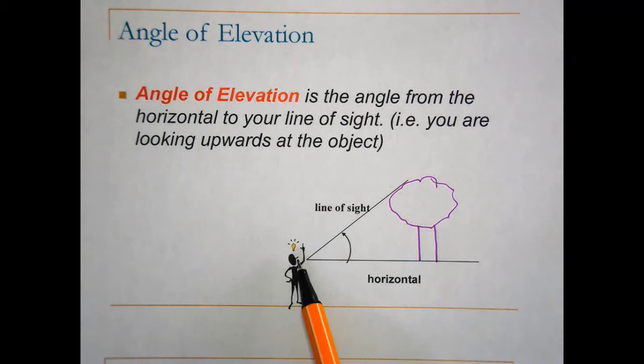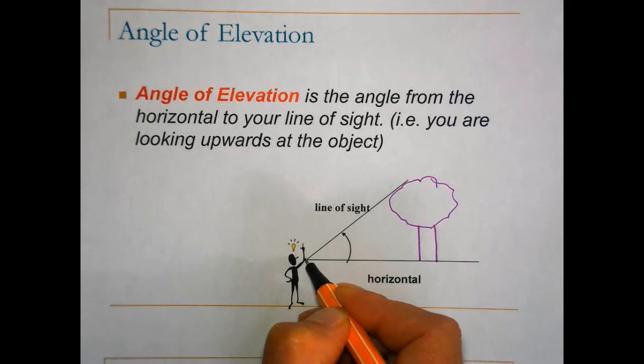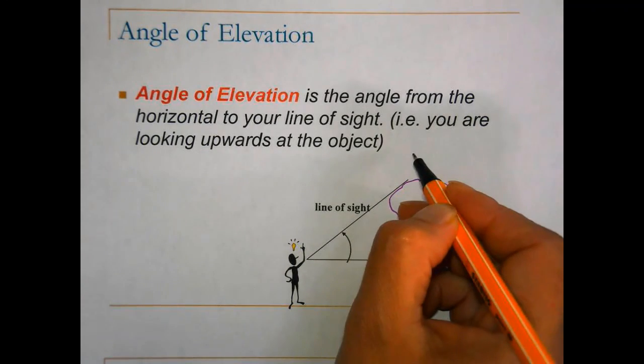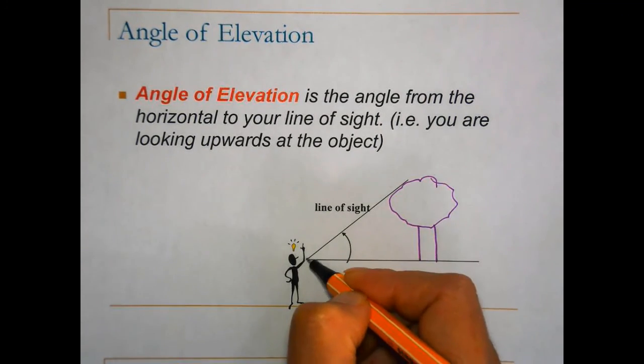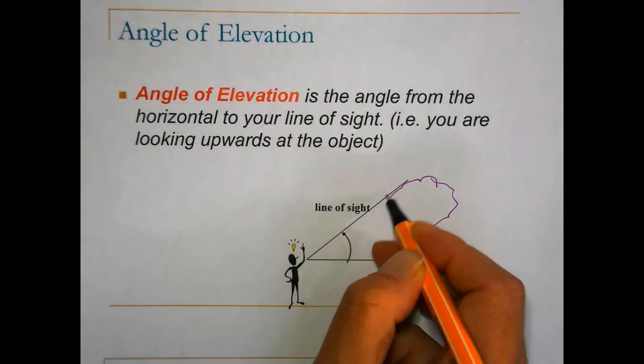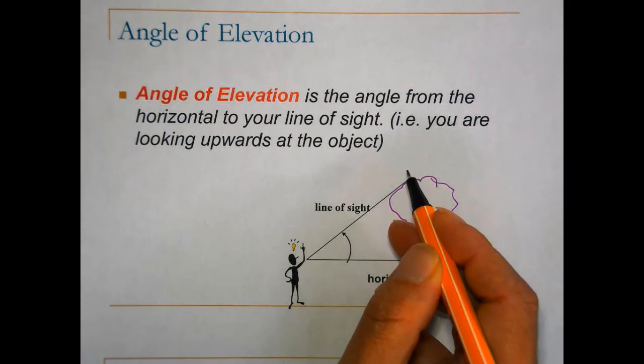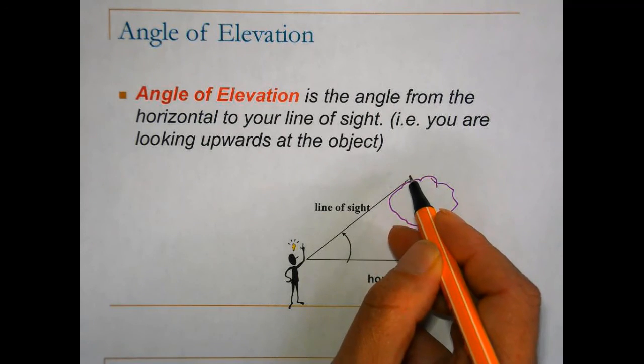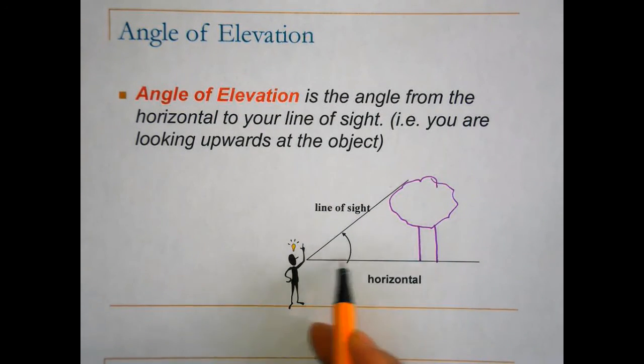We think about a string being connected from the eye of the person who is looking all the way to the top of the tall object. So think about this being a string from the eye of the person who is looking all the way to the top of the tall object, and this is the horizontal line.